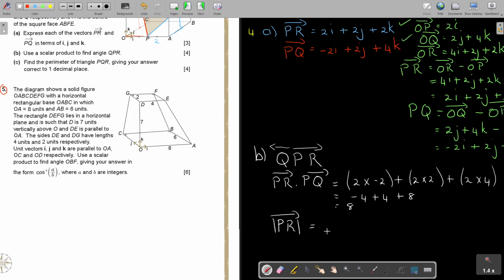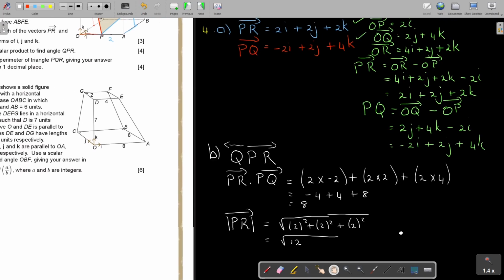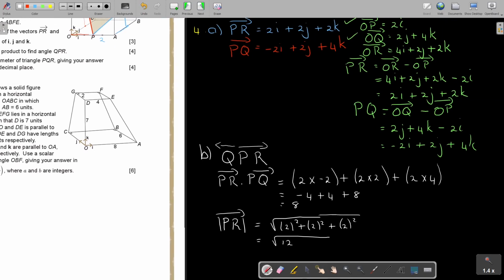So, PR, let's just go. Then it will be 2 squared plus 2 squared plus 2 squared, so this is going to be the square root of 12. Okay, and then I'm going to find the magnitude of PQ.